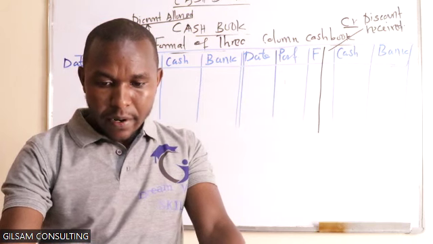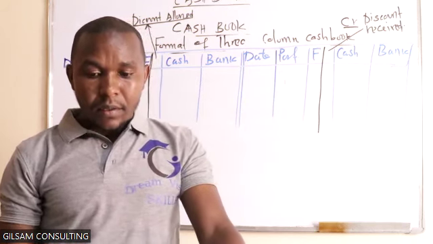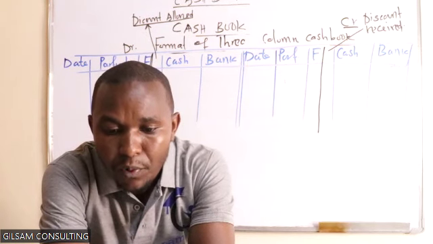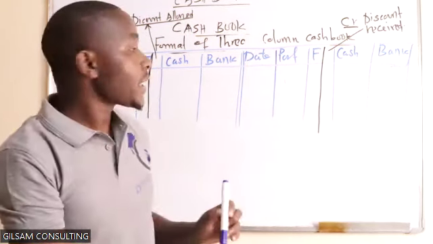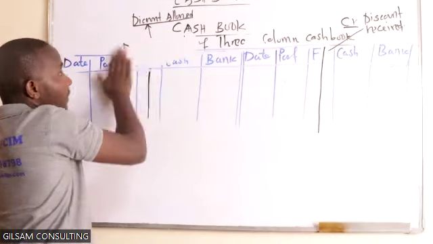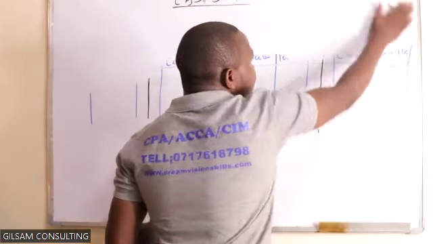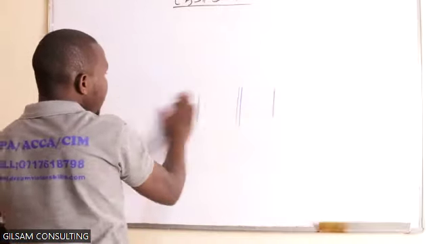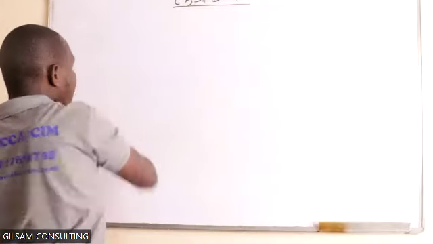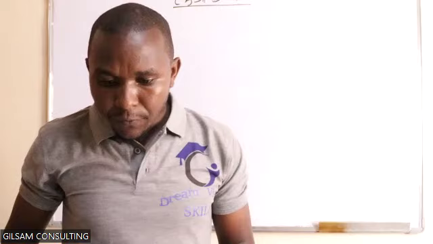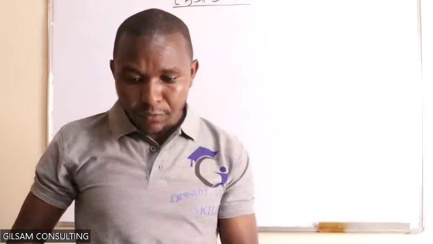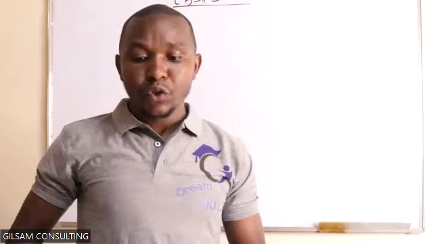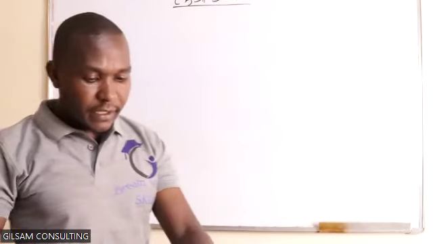You will write illustration one, which states: the following transactions are listed in the books of John Pool Enterprises for the month of June 2023. And then you will arrange in this format.